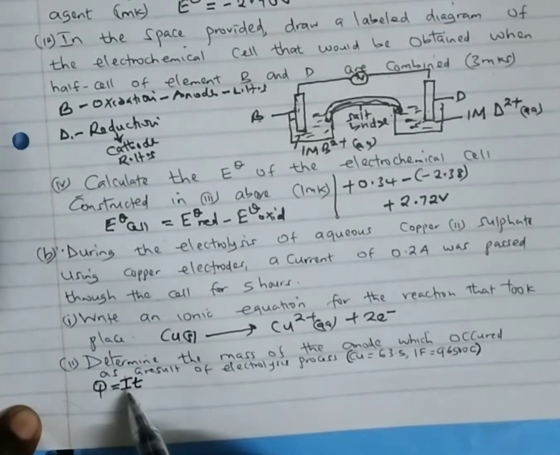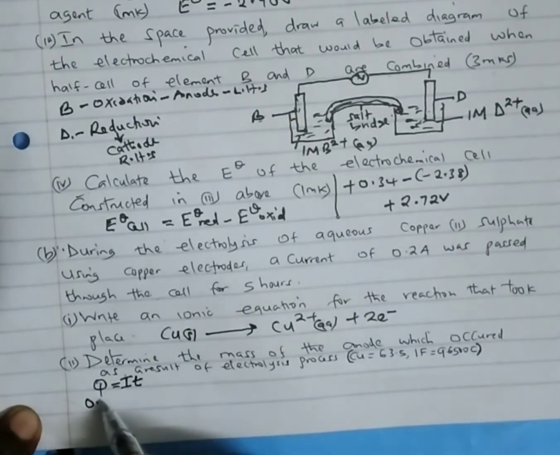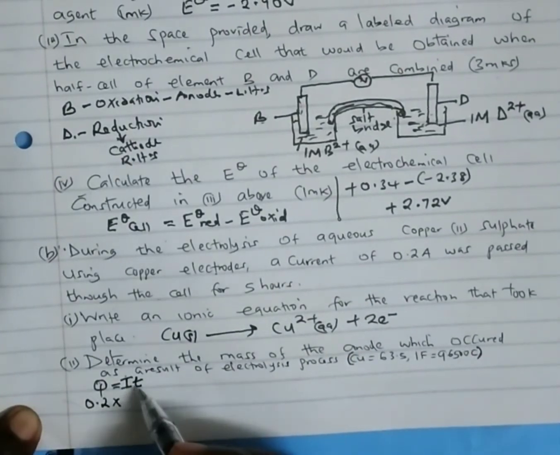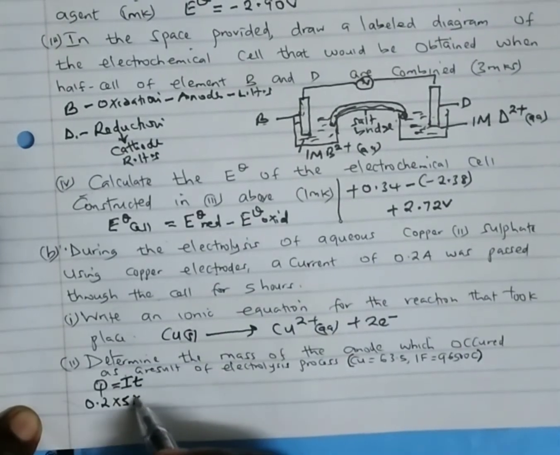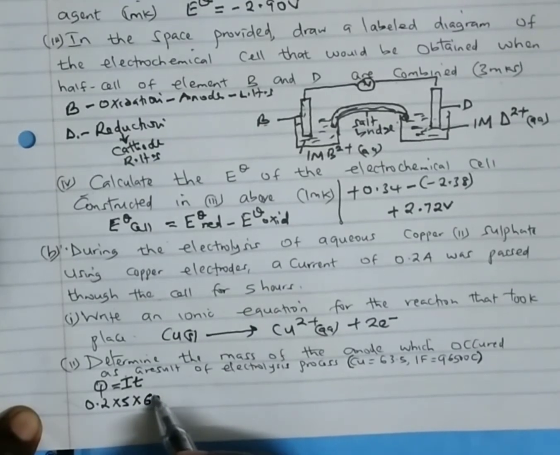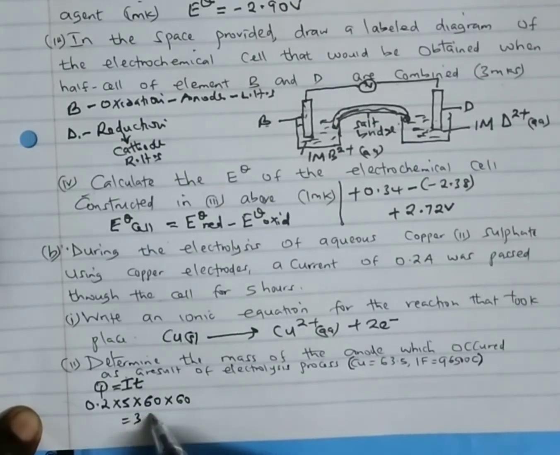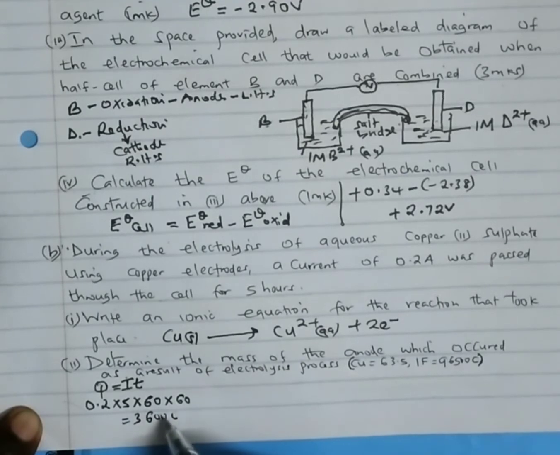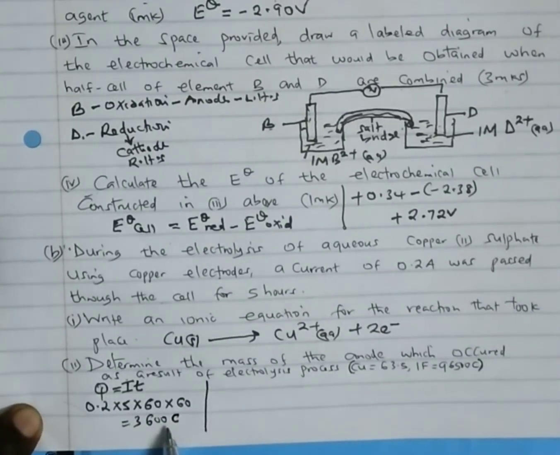In this case, the current we have is 0.2 amperes. We multiply by the time, which is given as 5 hours, but we have to convert hours into seconds by multiplying by 60 times 60, and this one will give us 3600 coulombs.